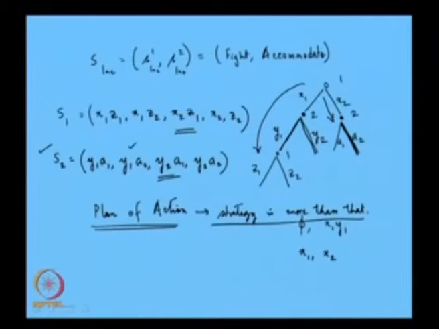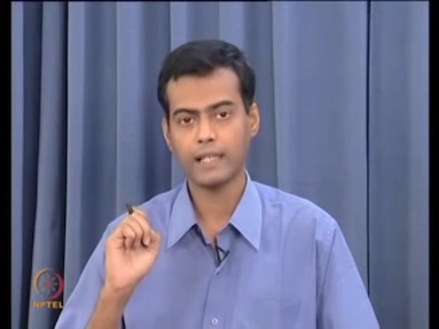So, if I had stuck to the definition, the strategy is a plan of action, then there is no necessity for saying z1. I could have just said x2, that is the end of it, because I know that after x2 there is no chance that z1 will be considered.